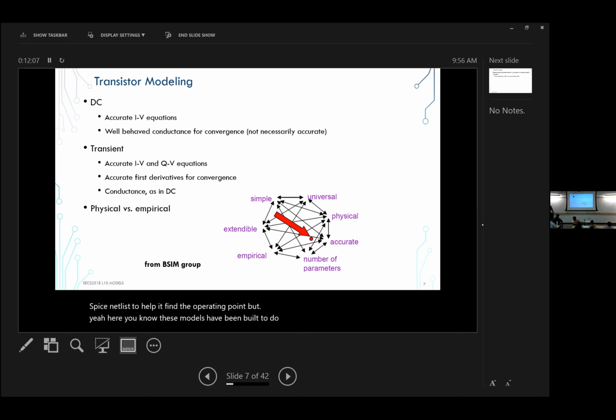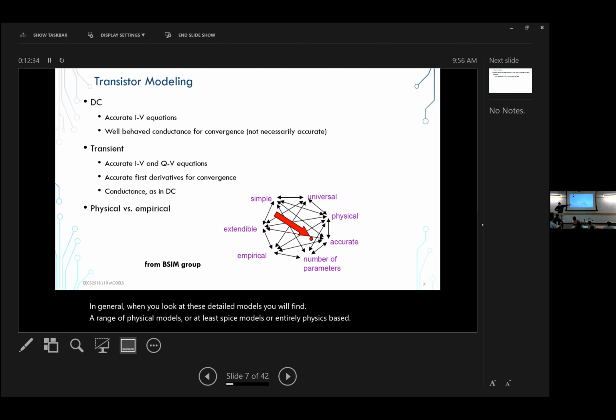And then, for transient, you needed accurate IV and QV equations or CV equations. And again, you needed accurate first derivatives for convergence. In general, when you look at these detailed models, you will find a range of physical models. Early SPICE models were entirely physics-based.